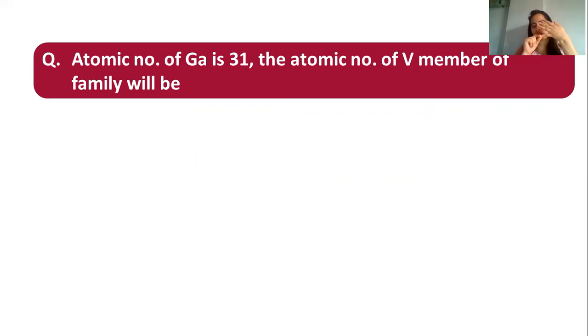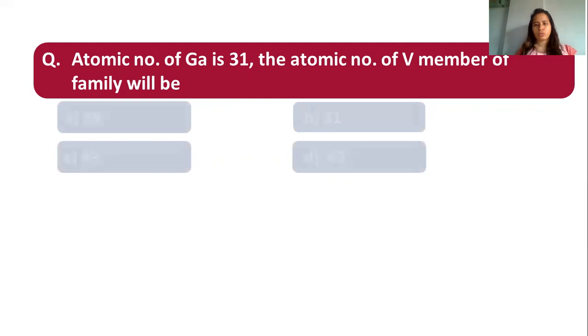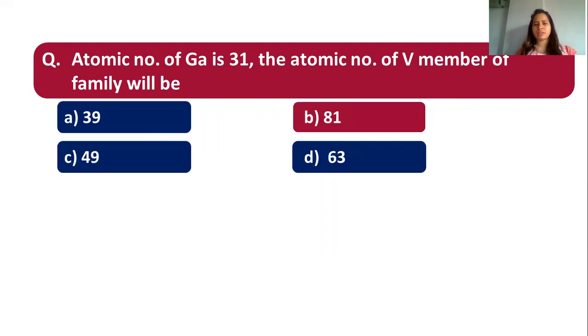Boron was 5, plus 8 is 13, 13 plus 18, we had 31. So gallium was already the third element, then fourth and fifth. So you add 18 once, then 32. In this way, the atomic number that you get is 81. 49 plus 32 will give you 81.